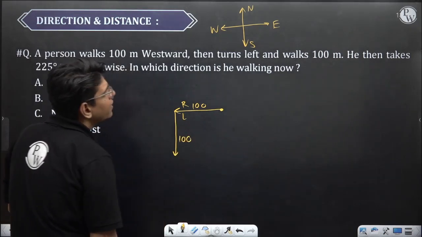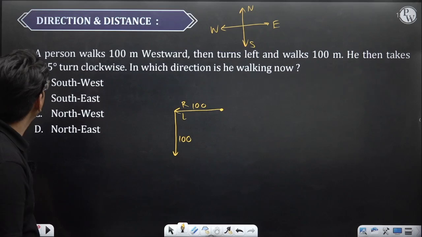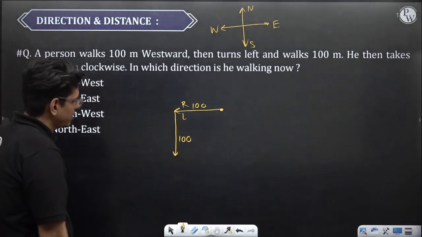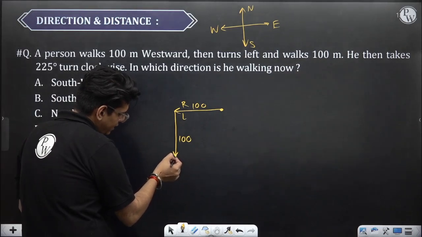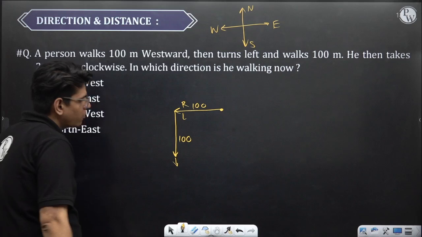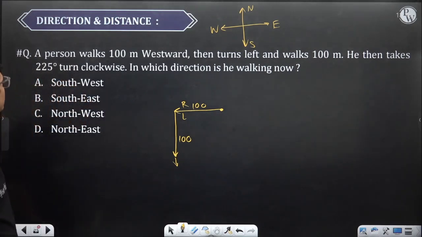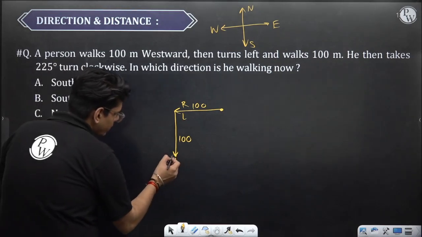Okay, right? He then takes 225 degrees. He is facing this side. From this direction, he takes 225 degrees in the clockwise direction. In which direction is he now, right? So from here, he will take a 225, right?